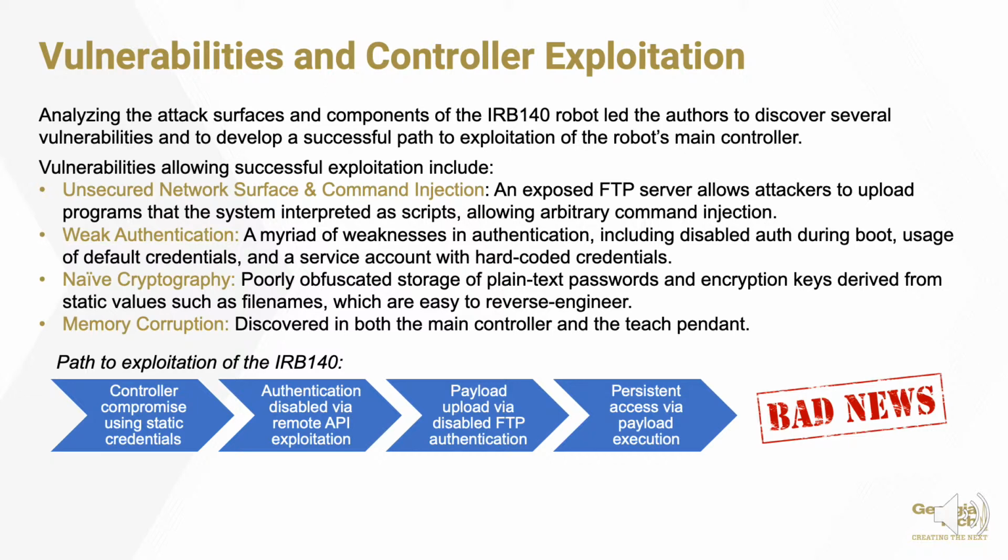The path to exploitation that you see there near the bottom is a quick summary of what they were able to do, and it included some vulnerabilities such as abusing static credentials, using those credentials to authenticate with the system and then disable further authentication requirements, of course uploading that untrusted payload that the robot then installed and booted from, and then they were able to give themselves persistent access because of a switch included in that boot payload that they had uploaded. So all in all, they were able to find several vulnerabilities, exploit them, and gain control of the robot's controller.